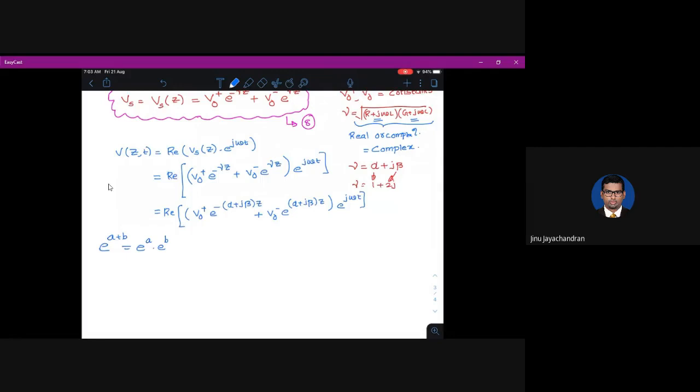So this I can write as v of z comma t is equal to real part of v0 plus e raised to minus alpha z into e raised to minus j beta z plus v0 minus e raised to alpha z into e raised to j beta z, multiplied by e raised to j omega t, the whole bracket.